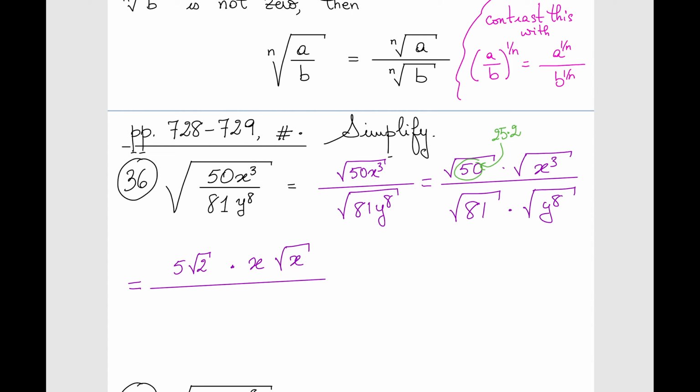Square root of 81 is 9 times square root of y to power 8 is equal to square root of y to power 4 squared, right?